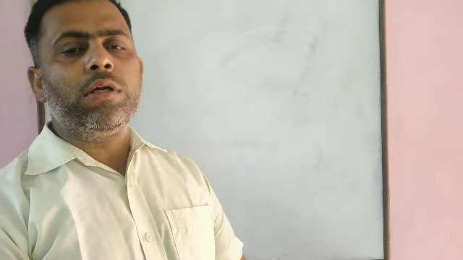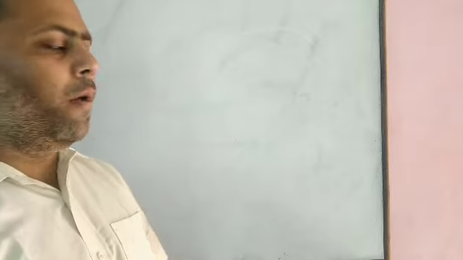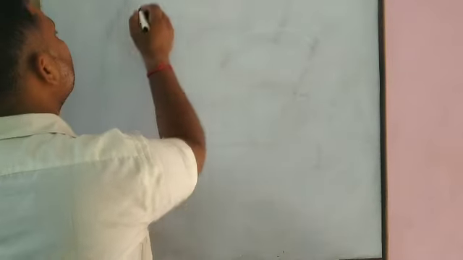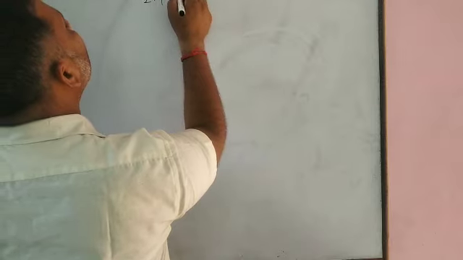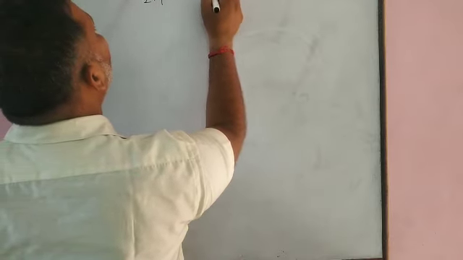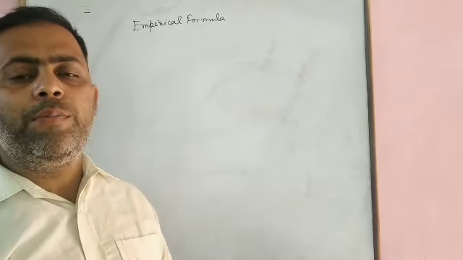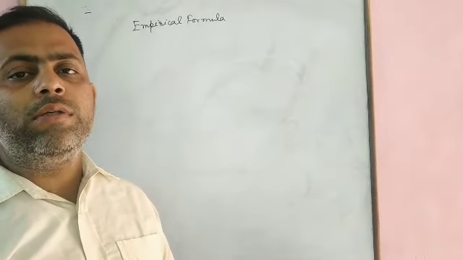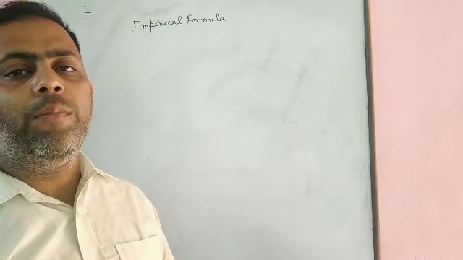Let us discuss the next topic, that is empirical formula and molecular formula. What is that one? Empirical formula simply shows the simplest whole number ratio of the different atoms present in a molecule.